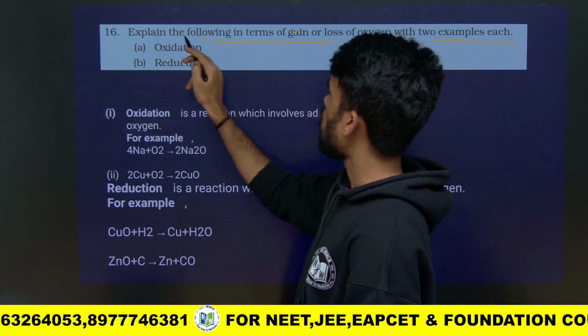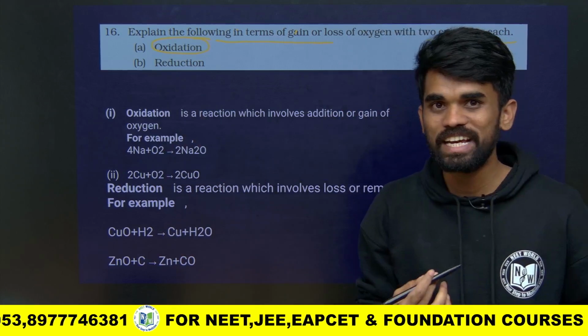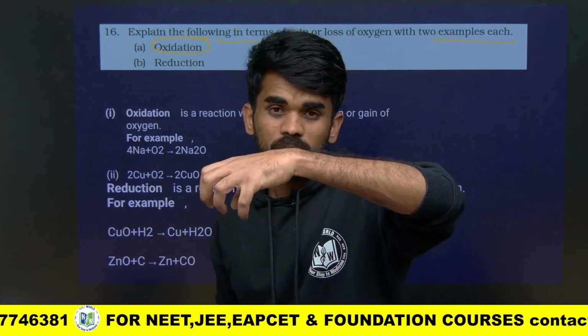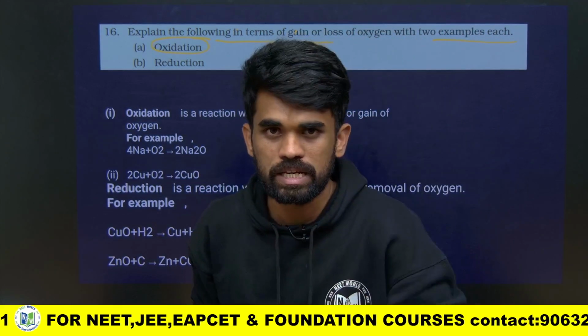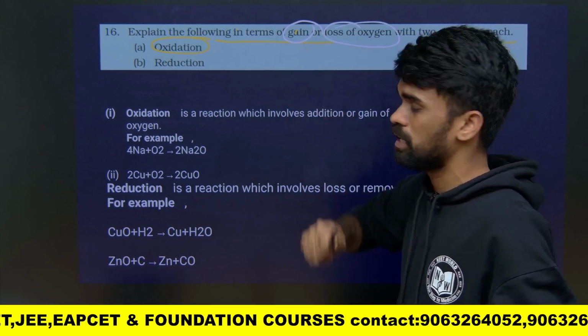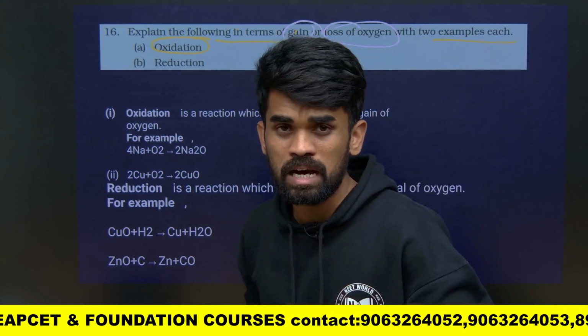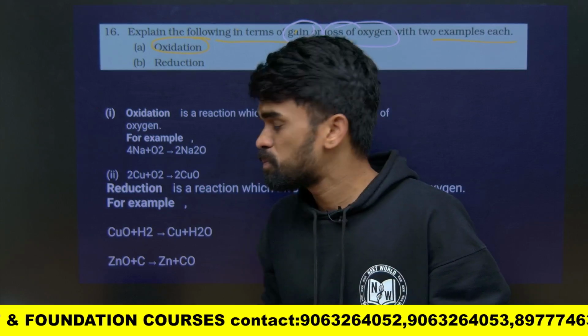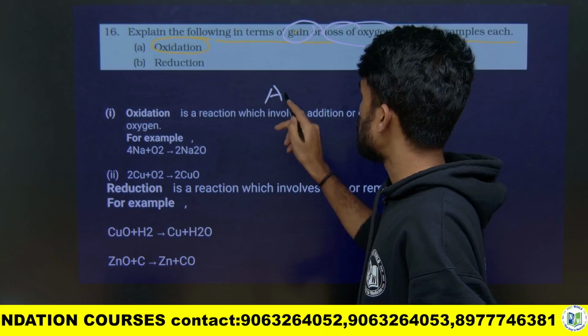So for example, oxidation means what? Oxidation means addition of oxygen. They are saying in terms of gain and loss of oxygen only. So gain of oxygen is called oxidation. For any species, let us say A is an element.